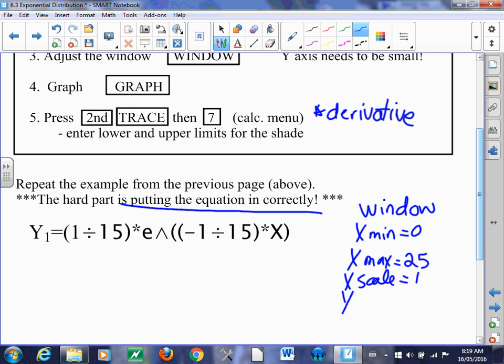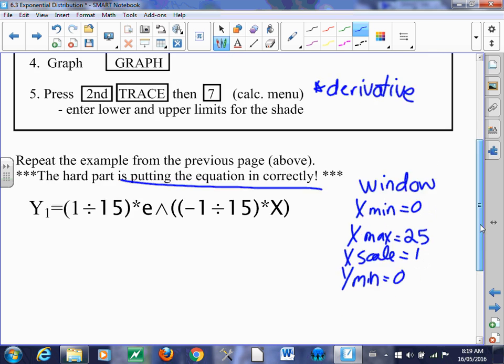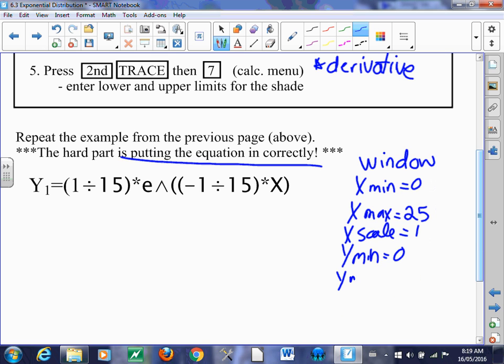Then we go to the y side, so y min equals 0, y max equals 0.08, and y scale has to be a little smaller because of your increments. That may be something you have to play with just to get that figured out. Okay, so hopefully you've got the graph up, and then don't forget to shade it.